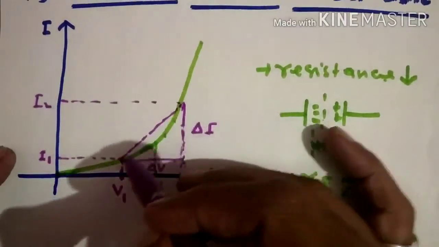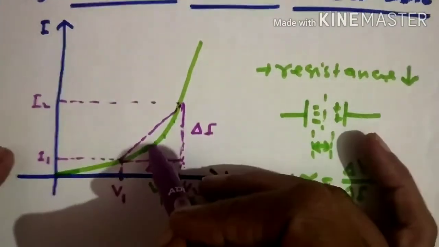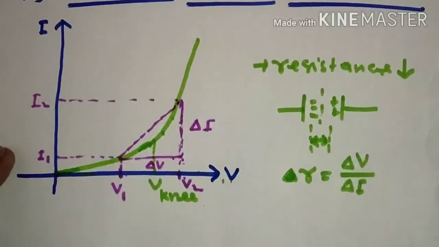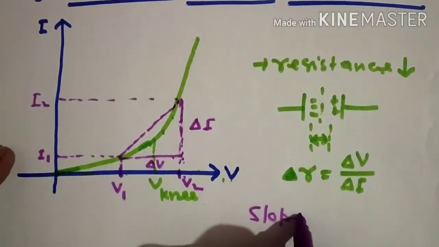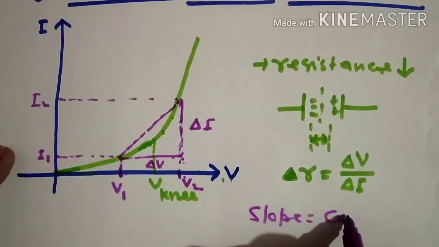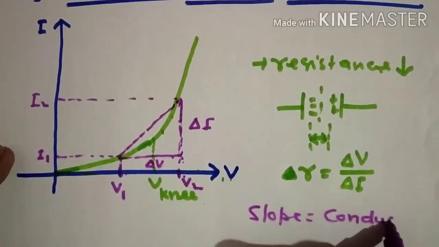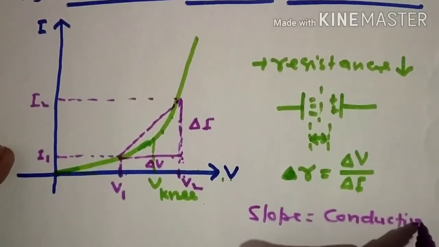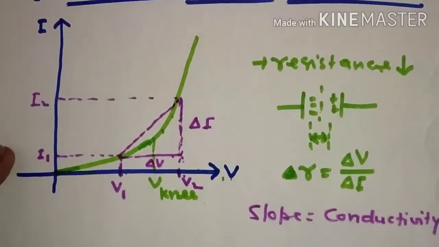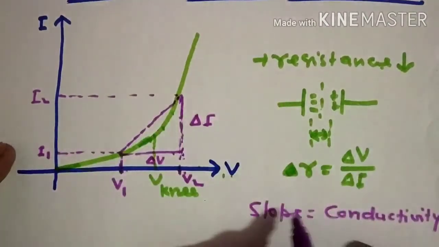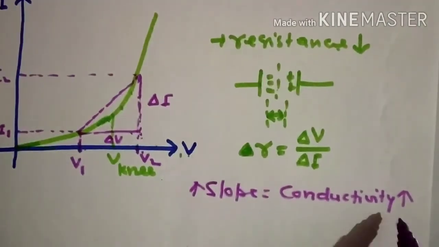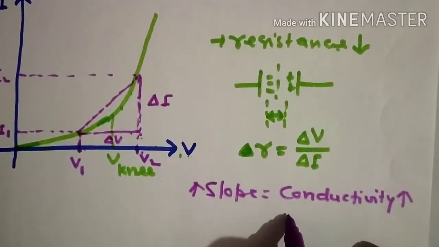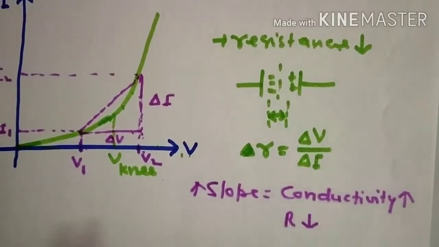And now you see, when the voltage increases, the slope of the graph increases. And here the slope of the graph represents the conductivity of the diode. So when the slope increases, it means conductivity increases, and when the conductivity increases, then of course its resistivity and hence the resistance decreases.